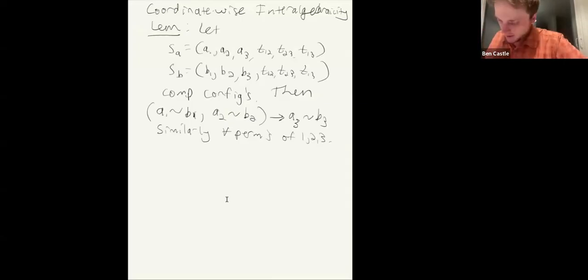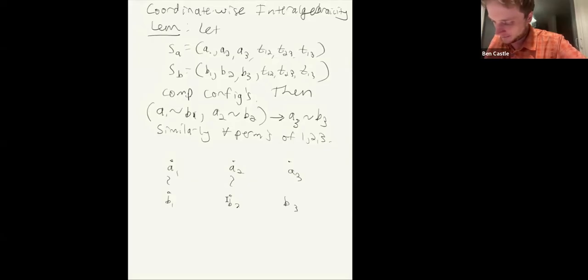But here's the picture: say you have A1 and B1. Then here you have A2 and B2, and then you have A3 and B3, and you have interalgebraicity here and here.